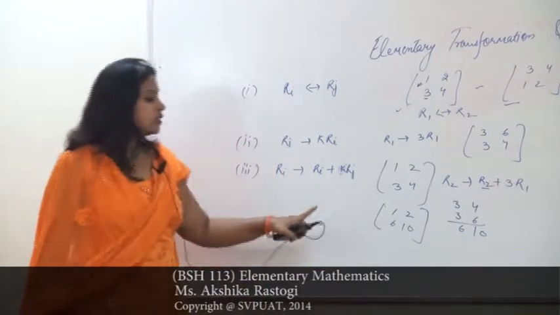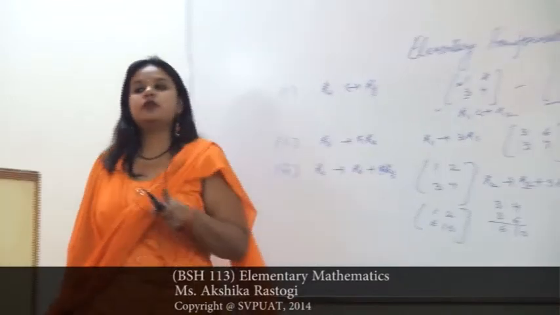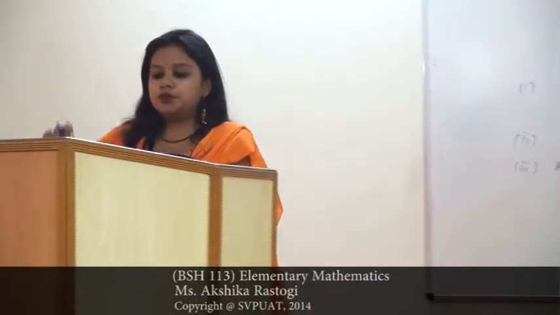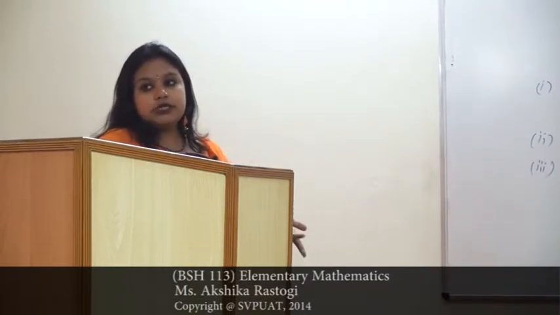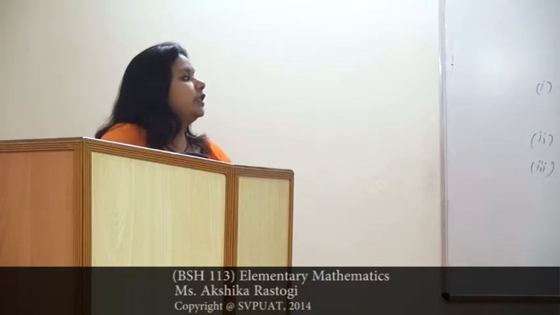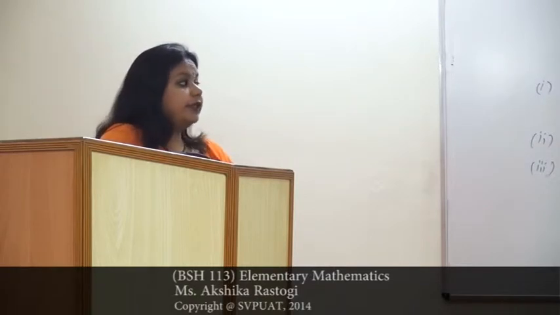You will never change the elements of R1 if you are applying the transformation in some other row. So these are the elementary transformations that we can use, as I told you earlier, for reducing the size, finding the inverse, or finding the determinant and so on.